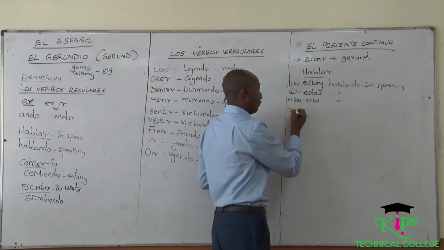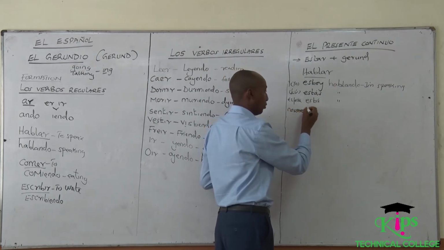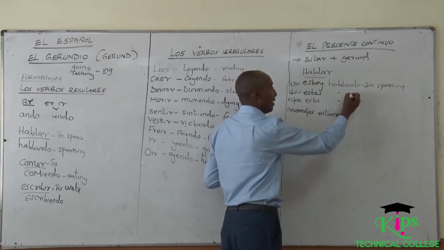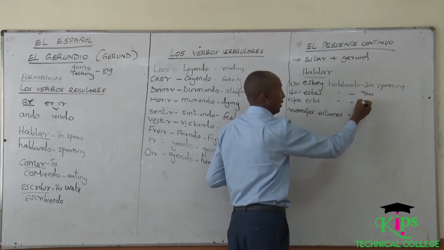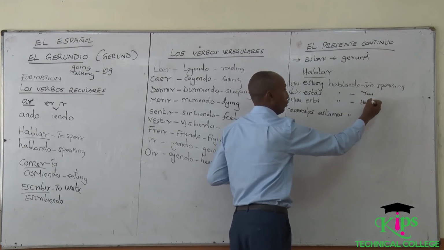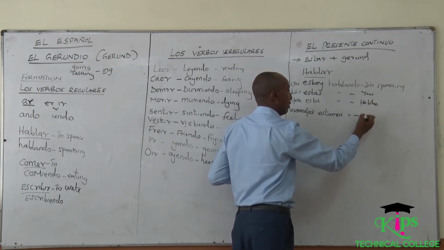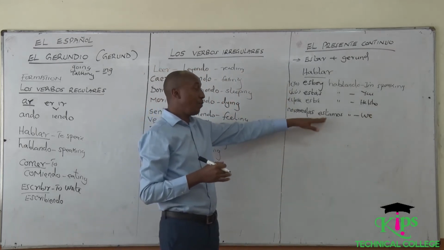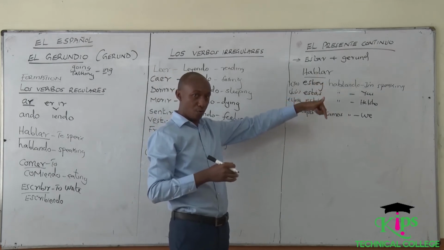Then we can also have nosotros. We know that nosotros is we. For ladies, we use nosotras. Then we say estamos. So remember, this is you are speaking. This is he or she. And then remember, this is we are speaking. This is also important. So when are we doing this action? Now.